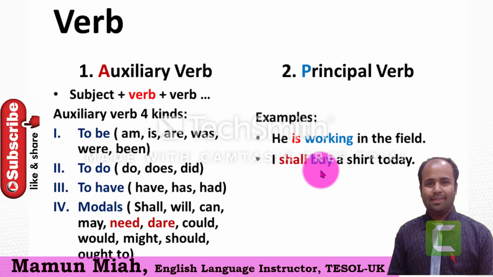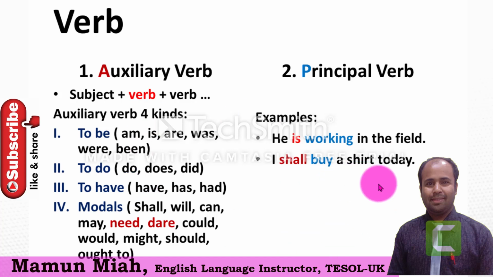That means in a sentence, while you'll find two verbs, the first one would be called auxiliary and the later one is principal verb. Here he is, to be verb. Look, to be: am, is, right? Is, to be verb. And the later one, I shall buy. Here shall, modals auxiliary.